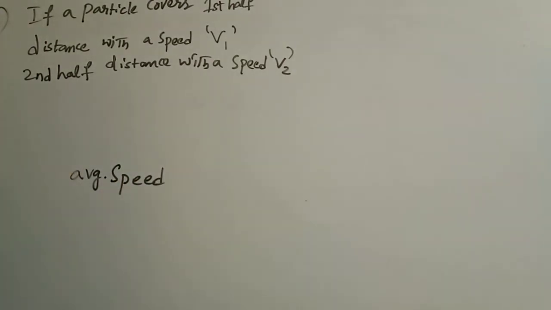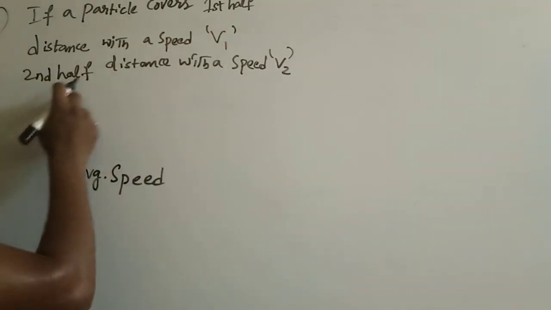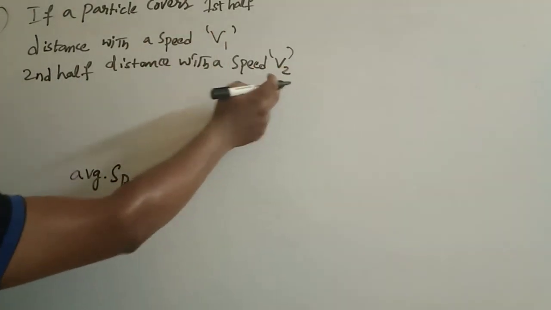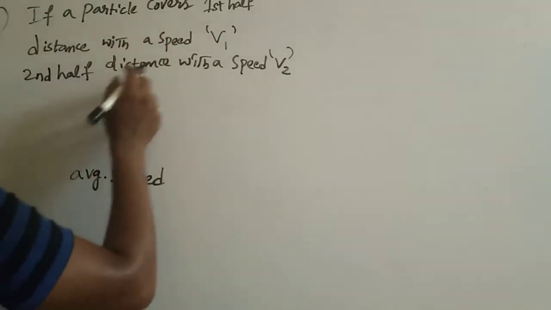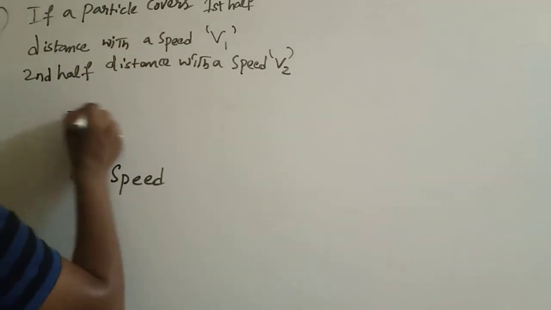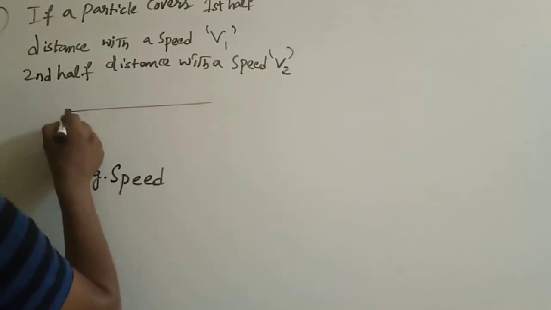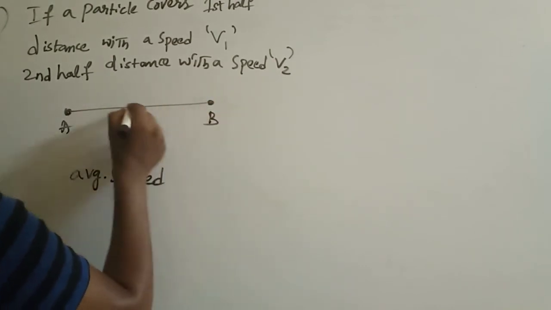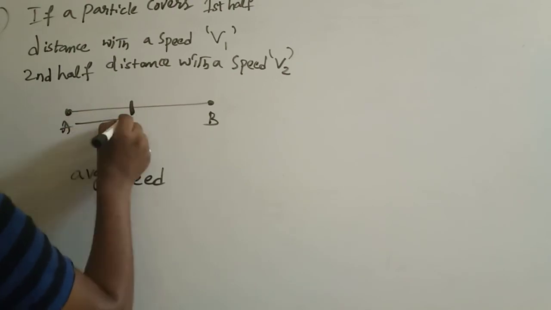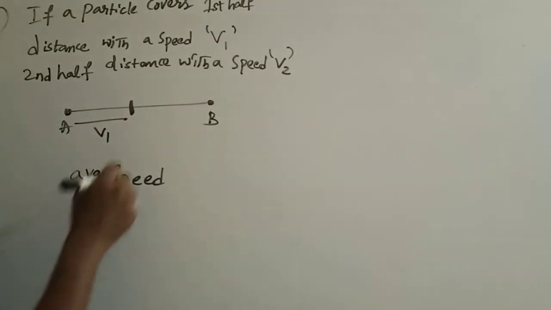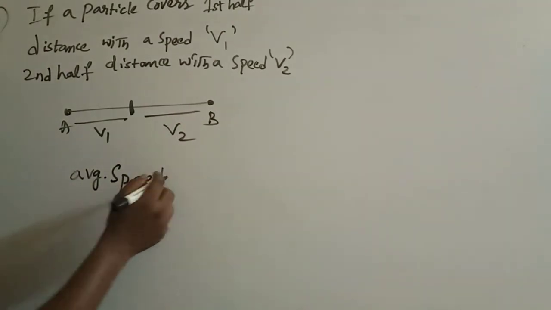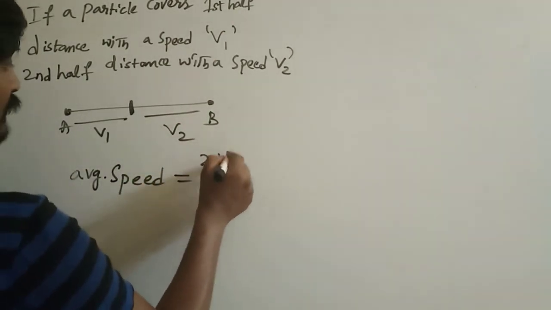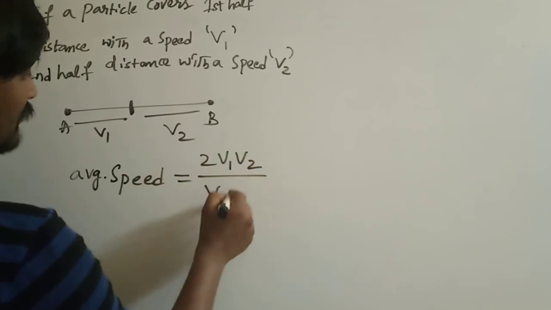Let me say this was point A and this was point B, and exactly half. Here to here it is v1 speed and here to here v2 speed. And what should be the average speed? Average speed is equal to 2v1v2 upon v1 plus v2.